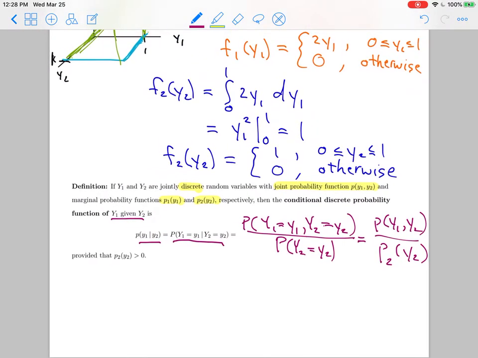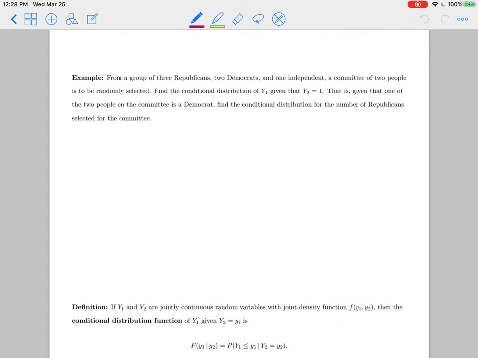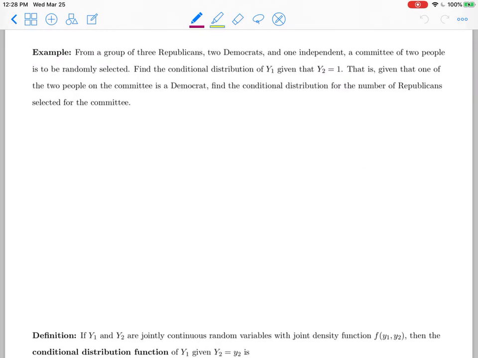So let's look at this. When we're going to find this conditional discrete probability function, let's do that in an example. All right. So from a group of 3 Republicans, 2 Democrats, and 1 independent, a committee of 2 people is going to be randomly selected. We want to find the conditional distribution of y1 given that y2 is equal to 1.